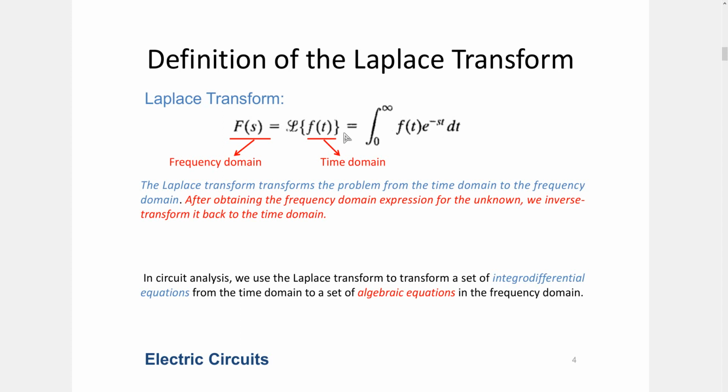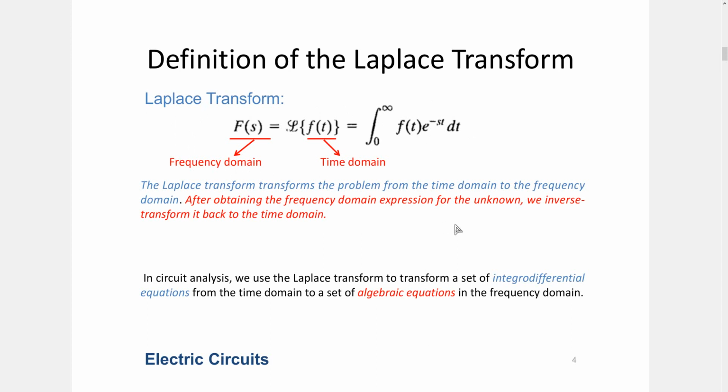And the reason that we call the Laplace transform a frequency domain representation comes from the fact that t represents time, but the integral should be unitless, so in order to counterbalance, the s has to be the reciprocal of time, and the reciprocal of time means frequency. So this is why this transform moves us from time domain to frequency domain.